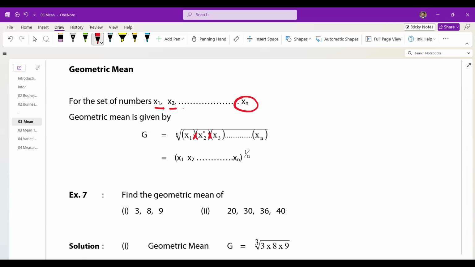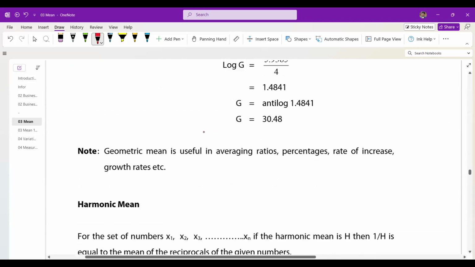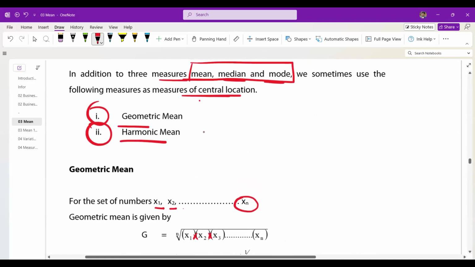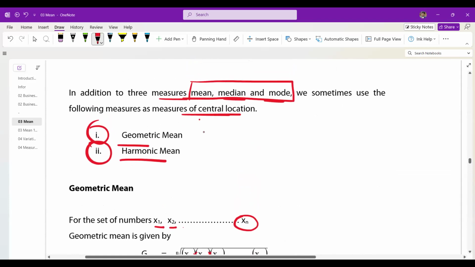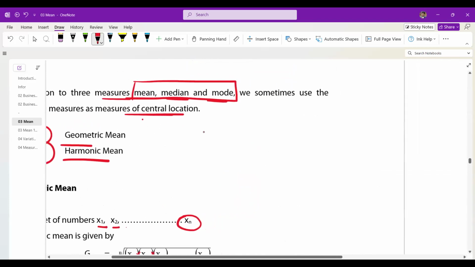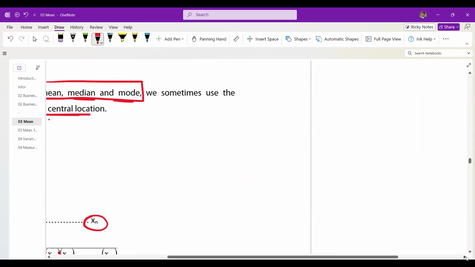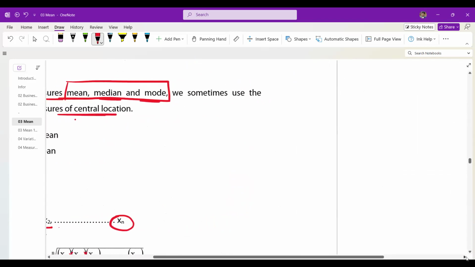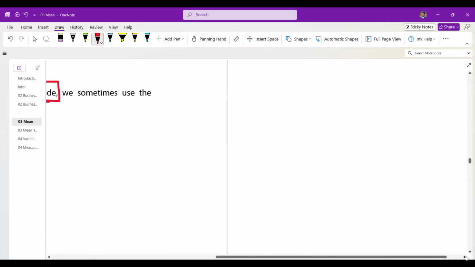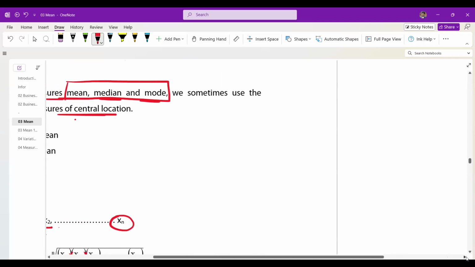Why do we need this kind of geometric mean? Why may arithmetic mean not be suitable? Let me give you one example to show why arithmetic mean does not support all instances. For example, see this share price.